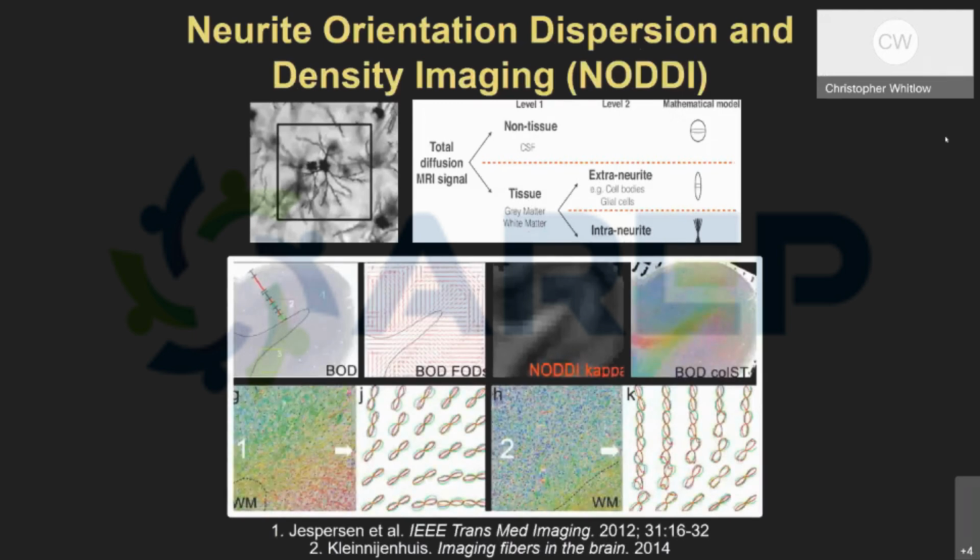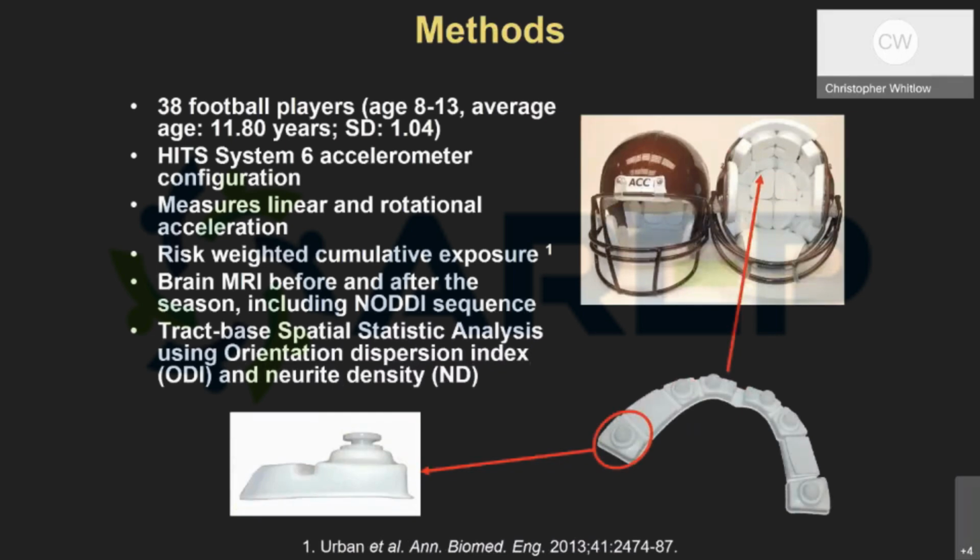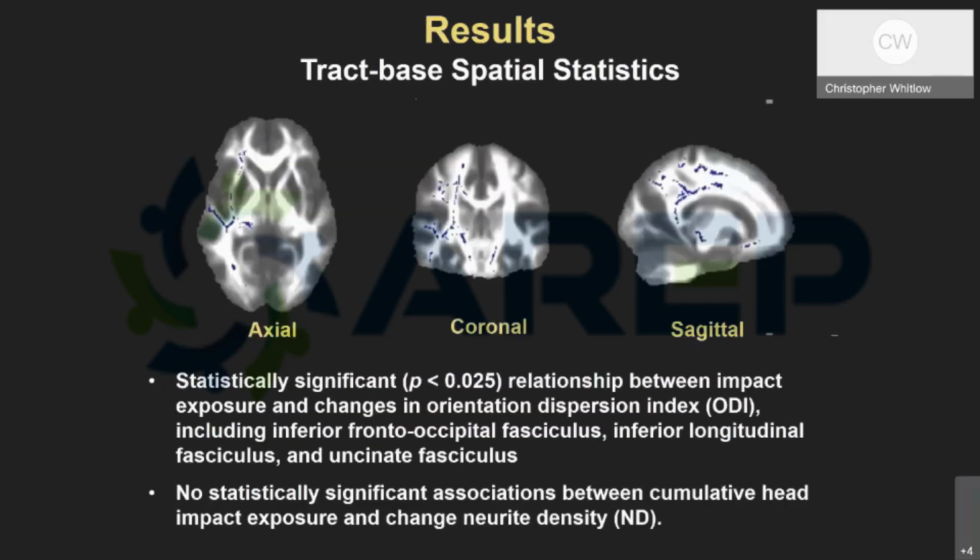We are also using neurite orientation dispersion and density imaging, NODDI, and I know my colleagues in Bangkok are also using NODDI. So we recruited several football players, instrumented them, collected their biomechanical head impact exposure, and looked at MRI data before and after the season using tract-based spatial statistics with NODDI parameters for measuring fiber orientation, dispersion, and neurite density.